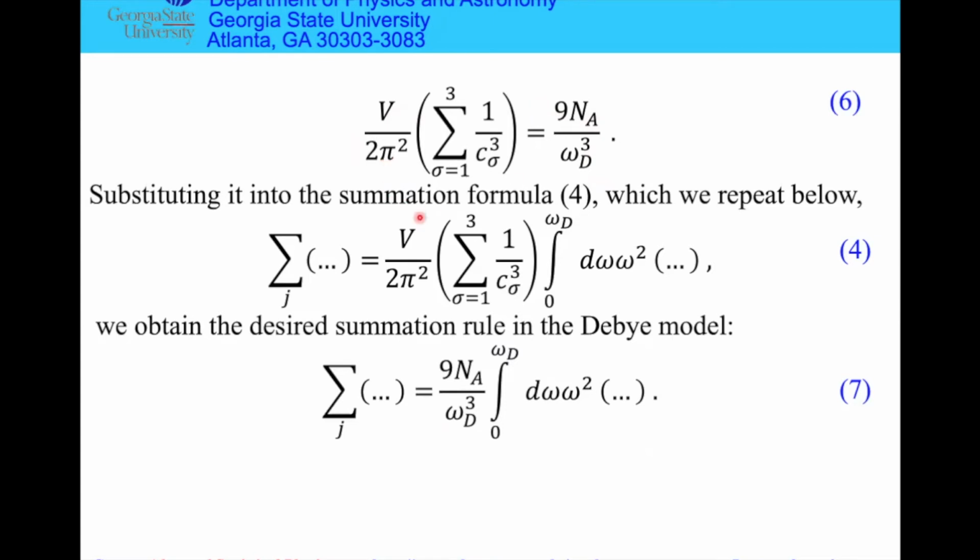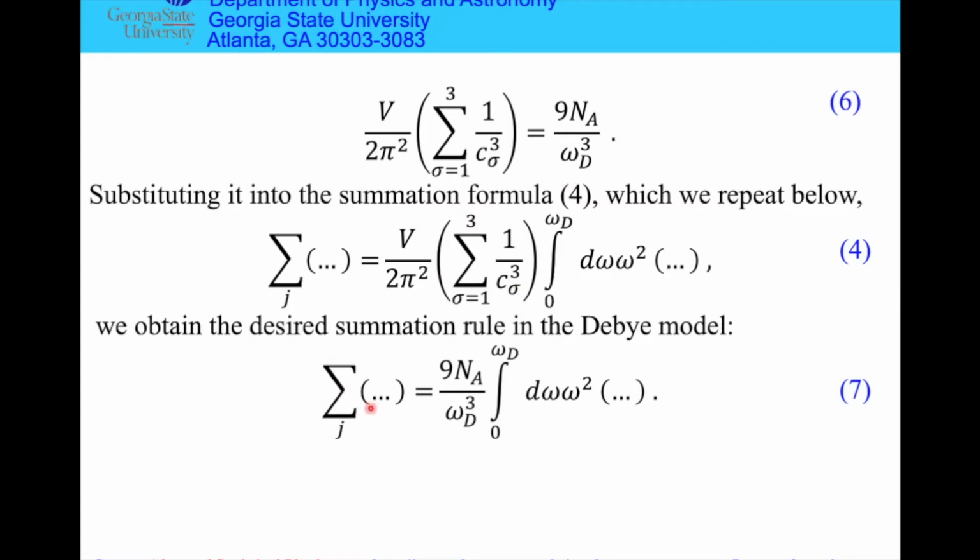I'll take this coefficient and substitute it back into the summation formula, removing the velocity, the speed of sound for 3 polarizations. So instead of this, I'm putting 9Na over omega cubed D, and I'll get a summation rule which is extremely simple.